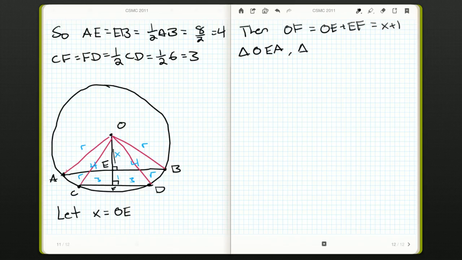Now triangles OEA and OFC both have a hypotenuse of r. So we can get two equations for r using the Pythagorean theorem.